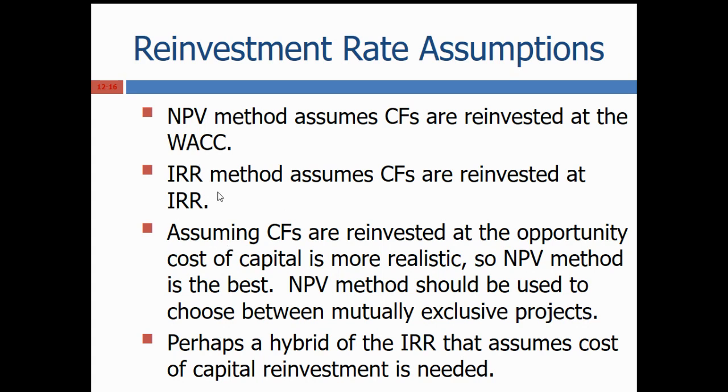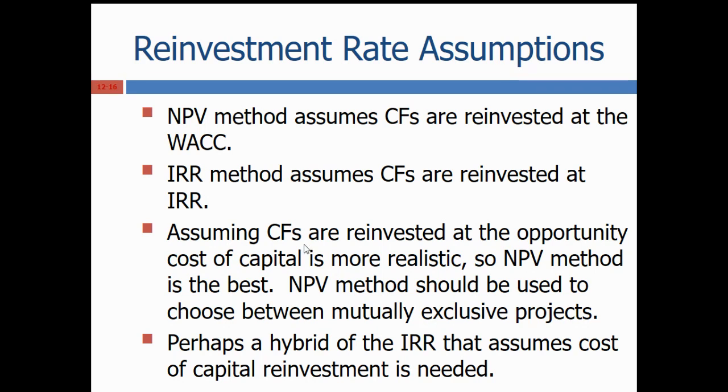While for your IRR, your reinvestment rate is the IRR itself, which means if you calculate and get an IRR of, let's say, 20%, it assumes you're reinvesting year one cash flow at the IRR rate, year two at the IRR rate.